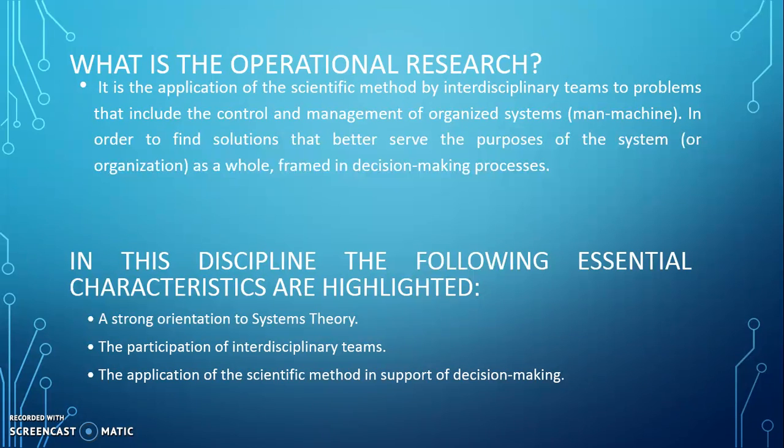In this discipline, the following essential characteristics are highlighted: a strong orientation to systems theory, the participation of interdisciplinary teams, and the application of the scientific method in support of decision making.